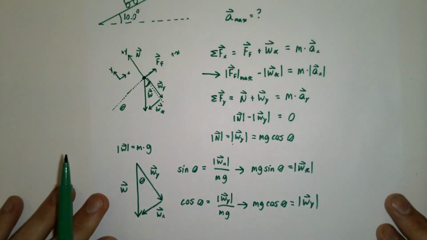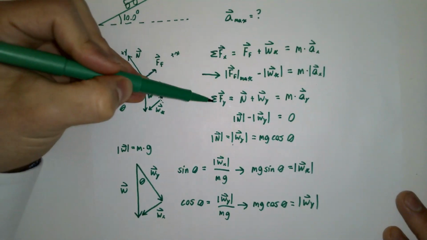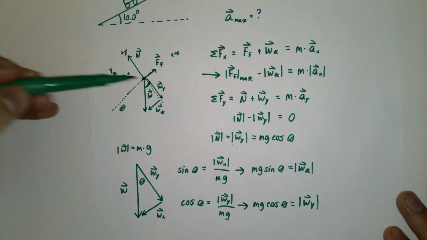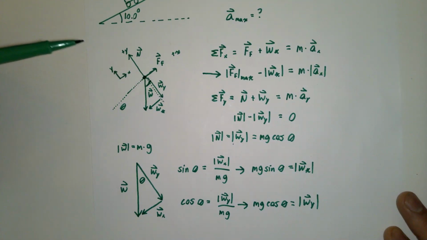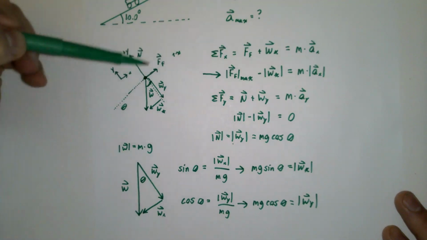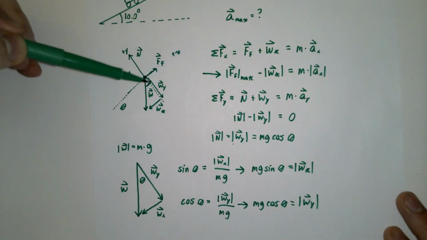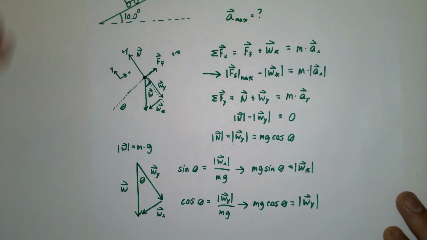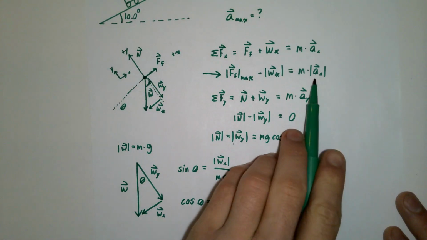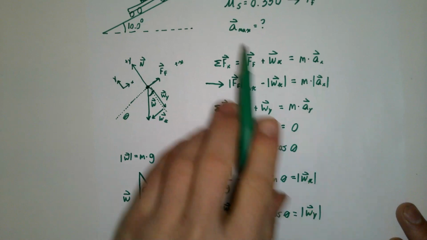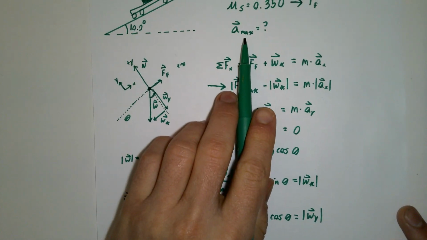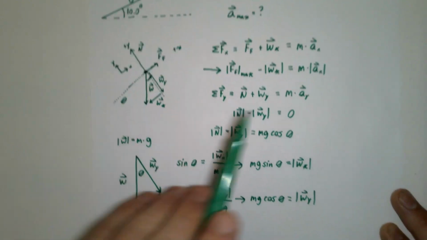Then we do our analysis of Newton's second law in both the x and the y dimensions, based upon our rotated x and y axes. We find that frictional force is in the positive x, weight in x is in the negative direction. That equals mass times acceleration. We know this is not equal to 0 because we're asked to find at what acceleration along the incline this crate can move.